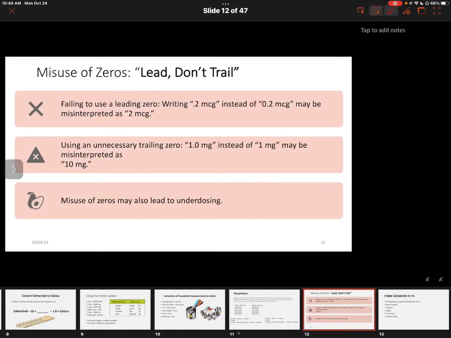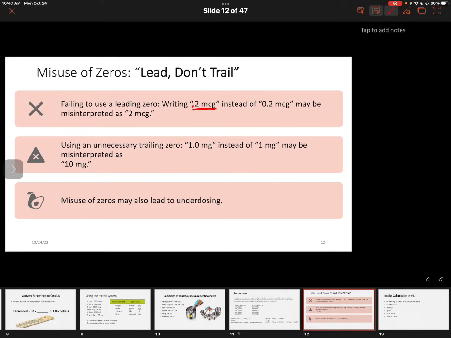When we write our answers, and we're looking to write them in micrograms, milligrams, grams, we have to be very careful. If we write .2 micrograms, this little decimal point may be misunderstood as not even really existing, but being a speck on the paper.